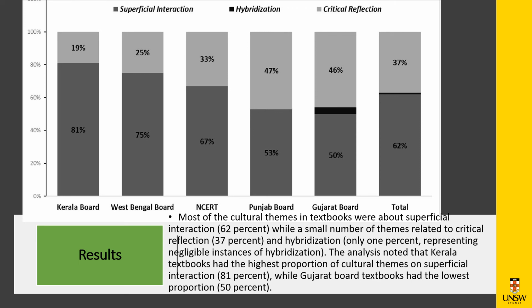Punjab and Gujarat board textbooks had the highest fractions of critical reflection themes, around 46 to 47%. Thus, Kerala, West Bengal and NCERT textbooks, along with the overall total, showed a significant percentage of superficial cultural interactions relative to critical reflection contents.